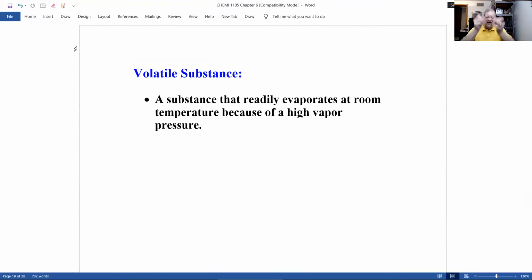If you put some gasoline on a surface, and do not try this at home ever, come back a couple of hours later, most of it will be gone because it's converted to a vapor. Gasoline is volatile, meaning it has a high vapor pressure. It's also very flammable.